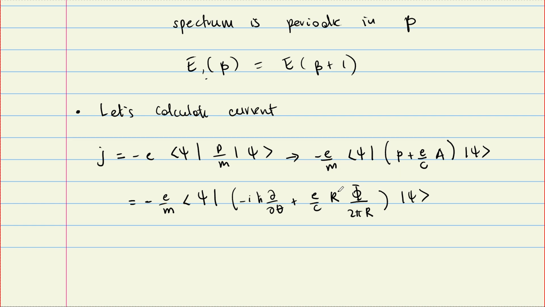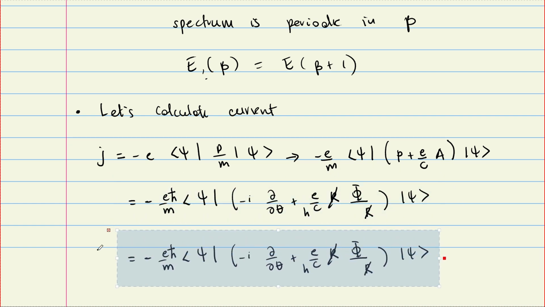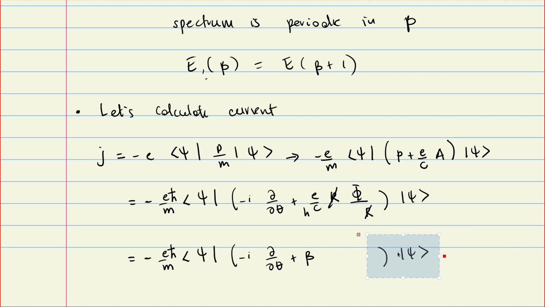And this R is going to cancel this, and I'm going to take h bar to here, so this h bar is gone, and I'll put an h bar here. At the end this entire thing is going to be phi over phi naught, but we call this beta.